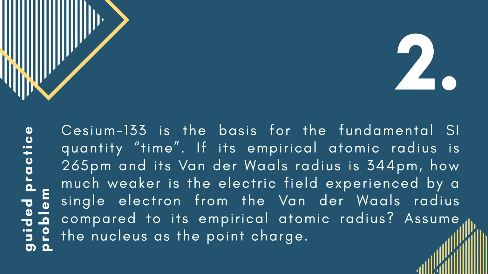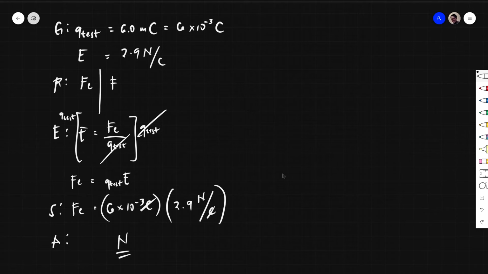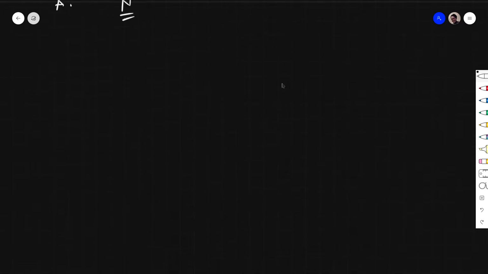Assume the nucleus as the point charge. Knowing that this is cesium, we're going to need its atomic number. Of course you have to look for that one out, but I'm going to provide that for you on this problem.